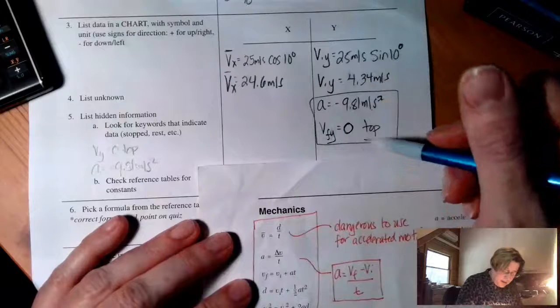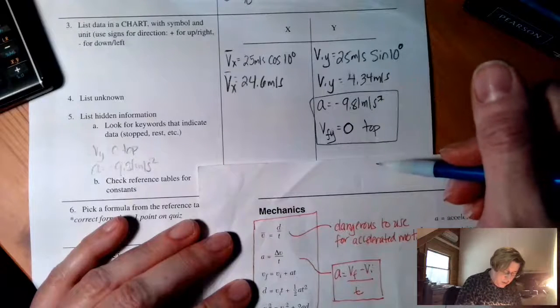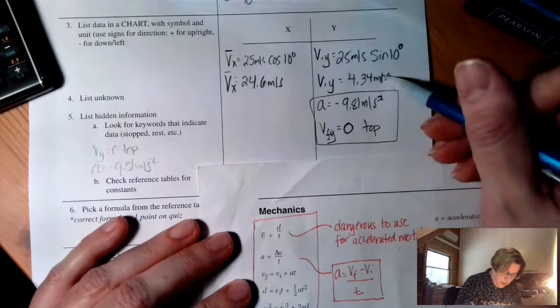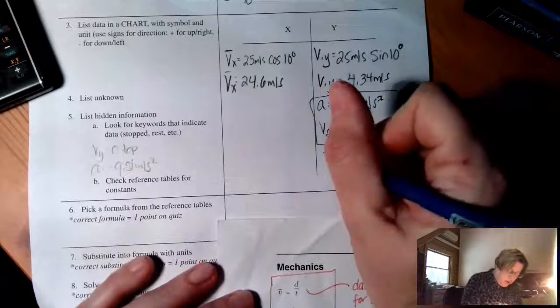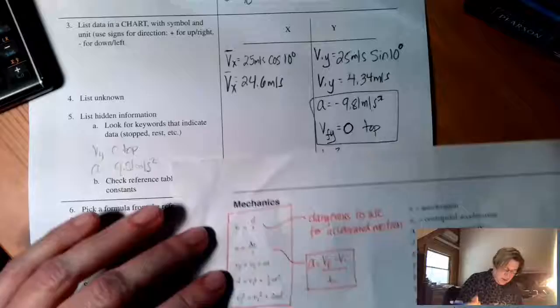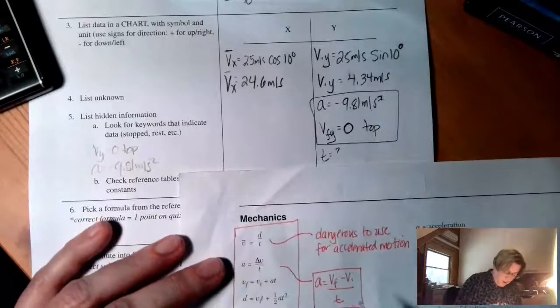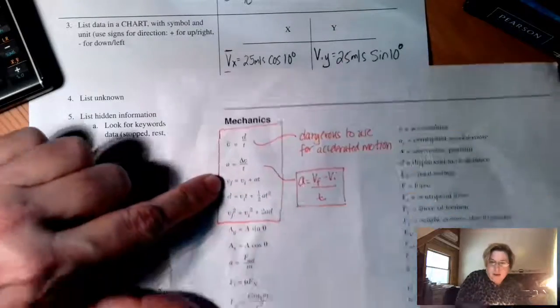We have three pieces of information, and we are looking for time because that's the thing that unites the X and the Y. So what we want then is this formula here: VF equals VI plus AT.